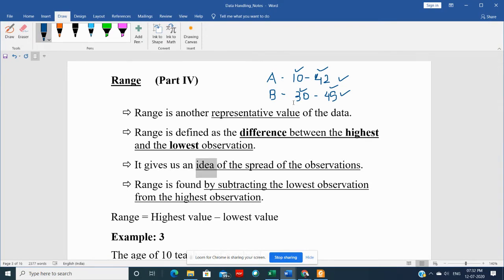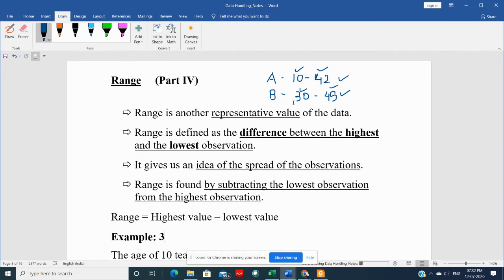So it gives you an idea of the spread of the observations, means in which numbers the observations are spread. What is the range of the data? Okay, and range is found by subtracting the lowest observation from the highest observation, right? Range is nothing but a difference. Difference means minus between the highest value and the lowest value.